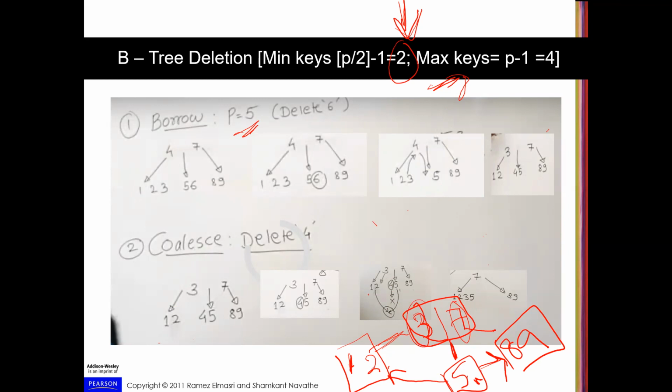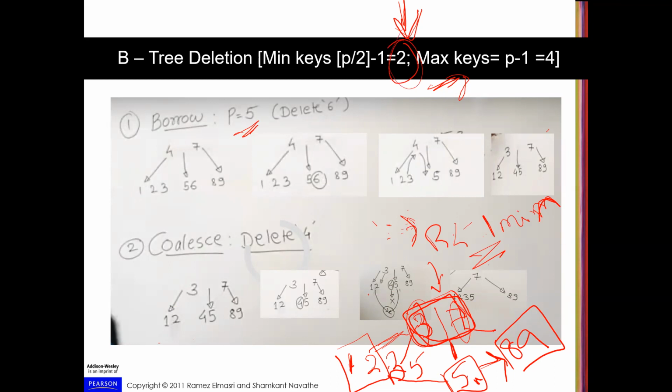So what do we have to do? Now I have to bring down this 3 here, so that I can have 5 here, and then my root node will have only one value. Yes, the root node is allowed to have a minimum of one value. It is not going to be an underflow for the root. Root can have a minimum of one value, but the leaf node should have a minimum of two values.